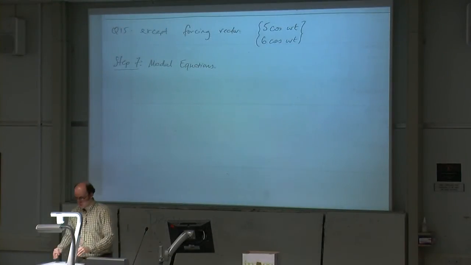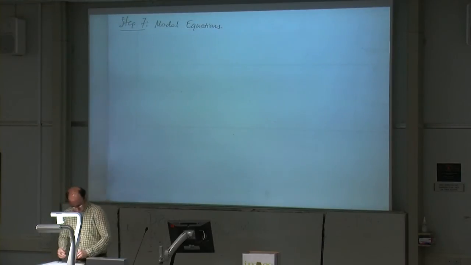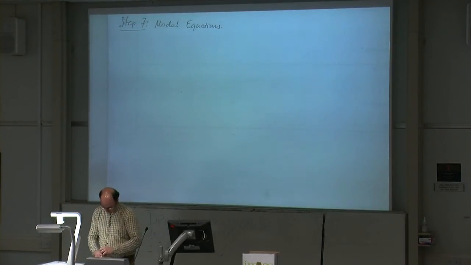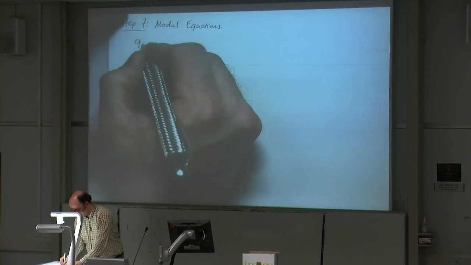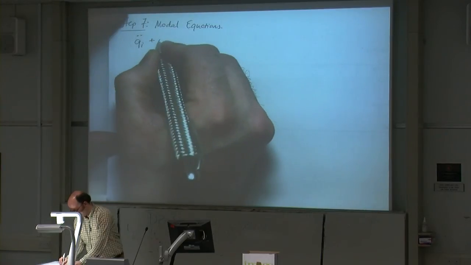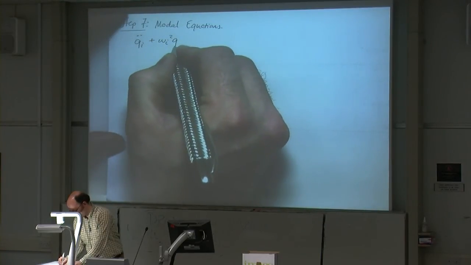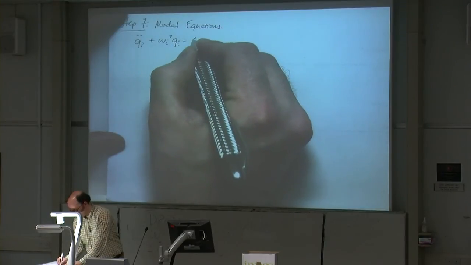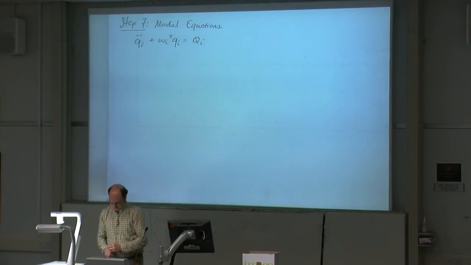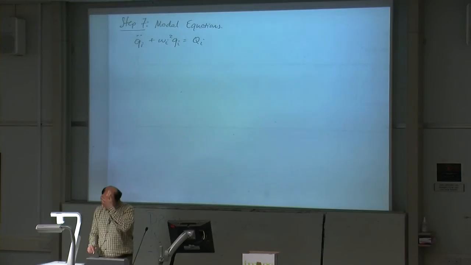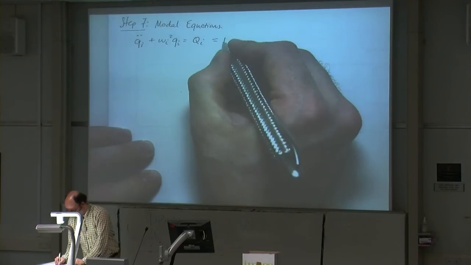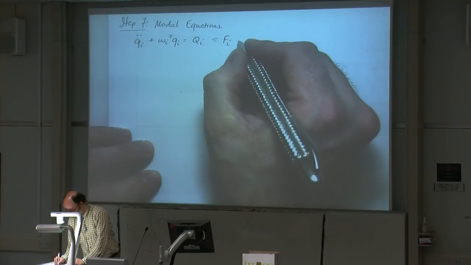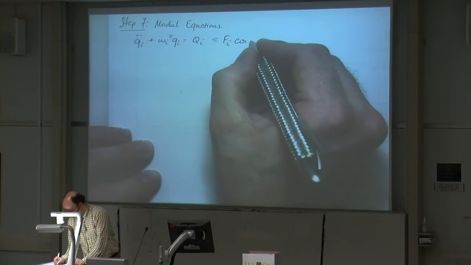So step 7 is to find the modal equations. Now the modal equations will always be in the form of qi double dot plus omega i squared times qi is big Qi. And in this case, big Qi is going to be, I'll call it fi times cosine omega t.